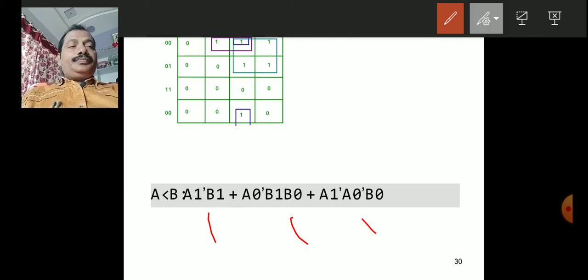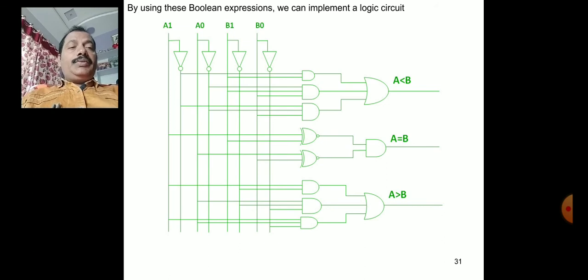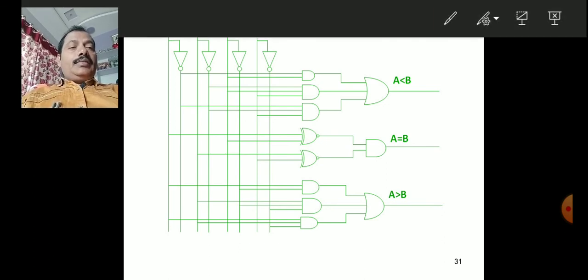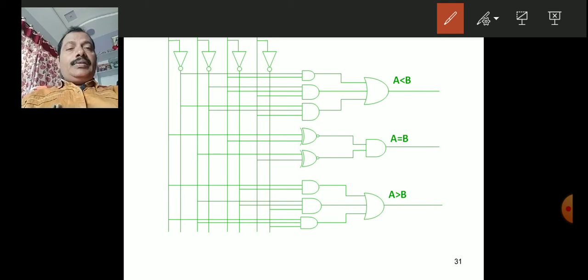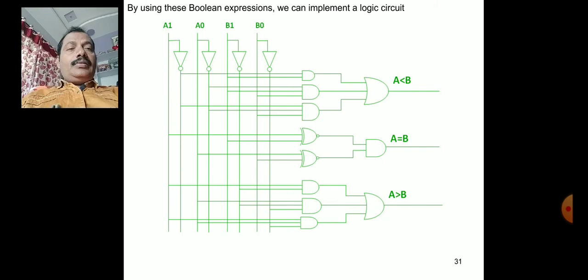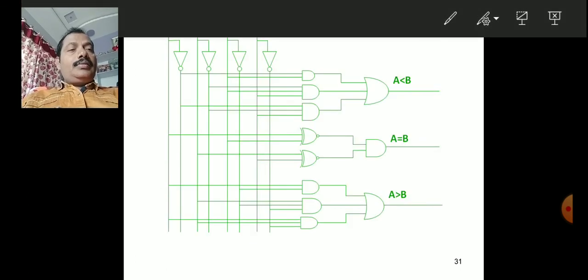So that you have to write. So observe here, 3 AND gates are taken. Okay, you have to draw like this. This is A1 bar connected.